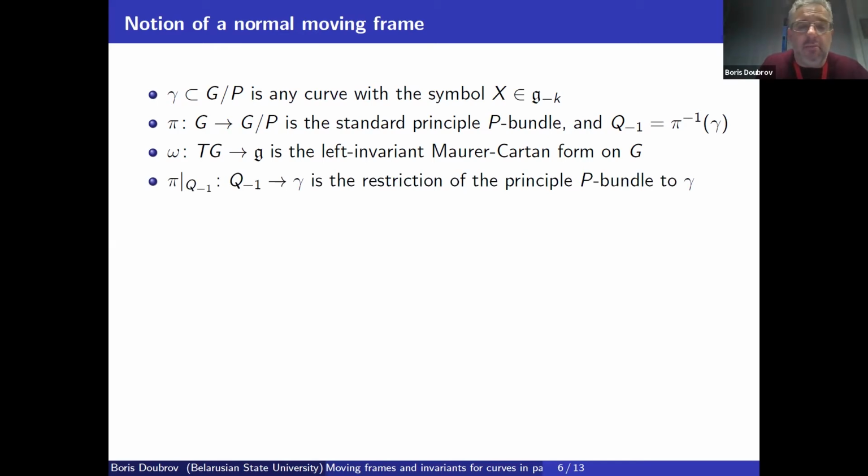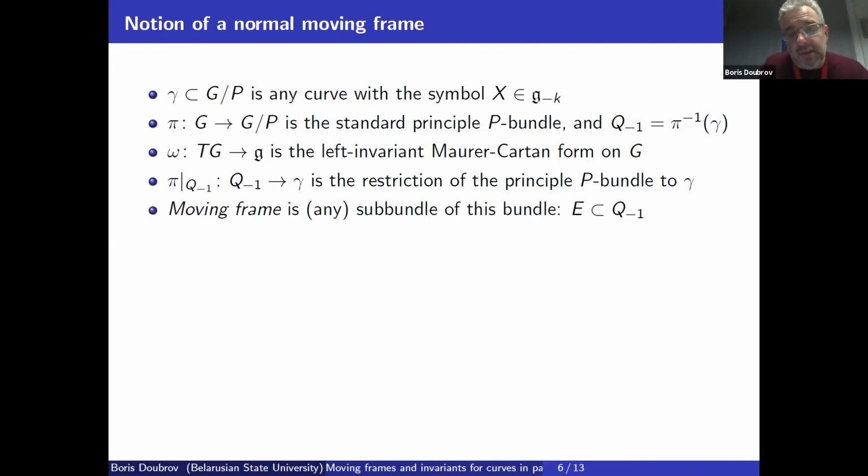So we normally would denote by pi or by pi minus 1 the restriction of the projection to Q minus 1. So a moving frame is any subbundle essentially, but we would want not just an arbitrary subbundle, but a certain canonical subbundle.